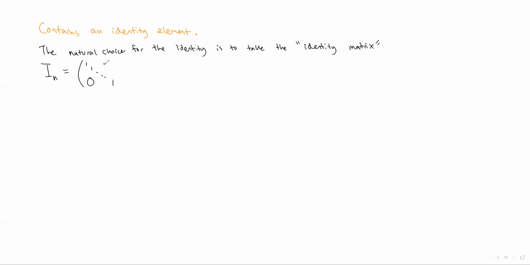So the identity matrix has ones on its diagonal. The identity matrix, so I_N, satisfies I_N times A equals A times I_N equals A for all matrices.